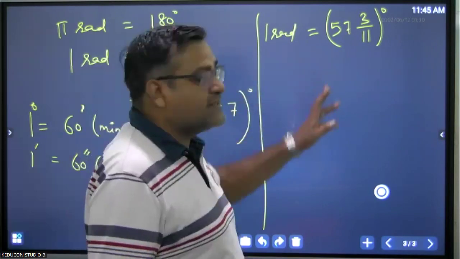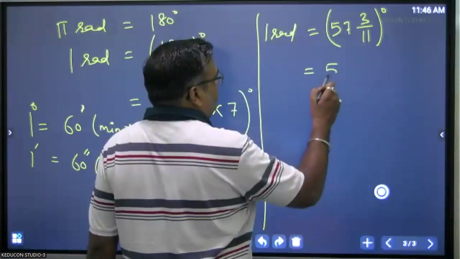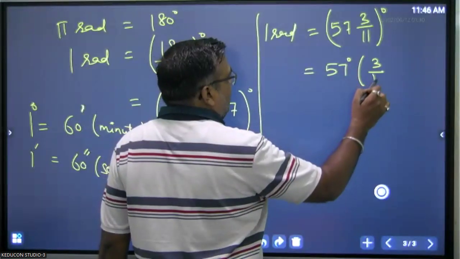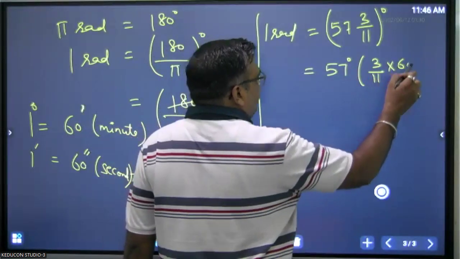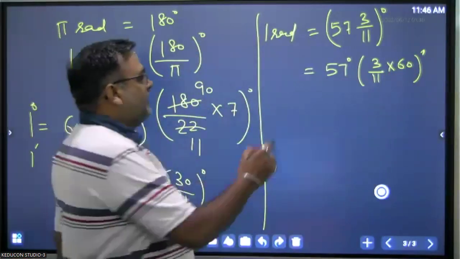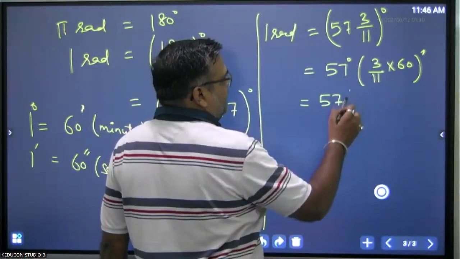Now it has 57 degree 3 by 11. So what we can write, 57 degree and this 3 by 11 multiplied by 60 to convert it into minutes, right? So again the same way, this becomes 180 by 11.